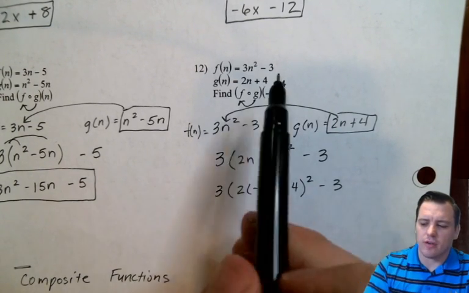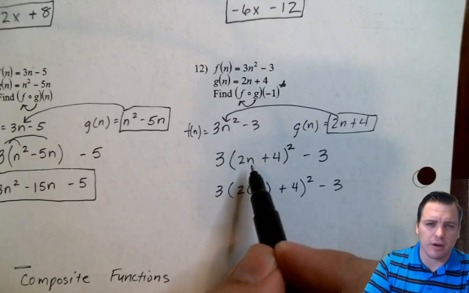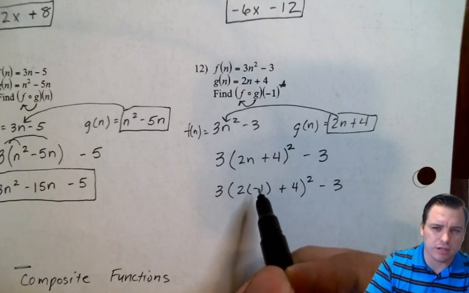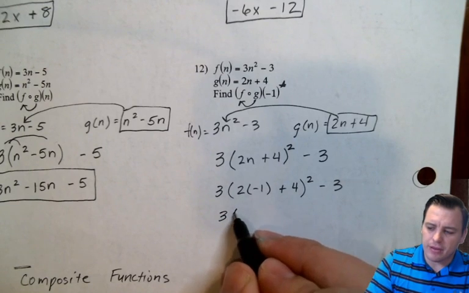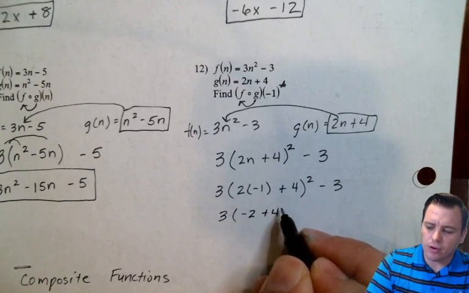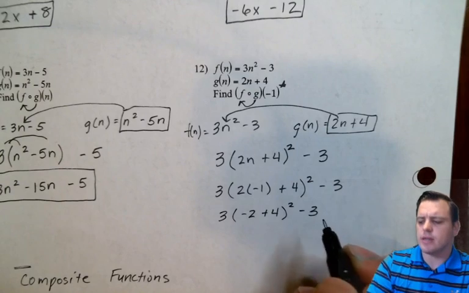Because we're solving it in terms of negative 1, we don't have to FOIL this and solve for n. We can just plug it in. From there we get 3 times negative 2 plus 4 squared minus 3.